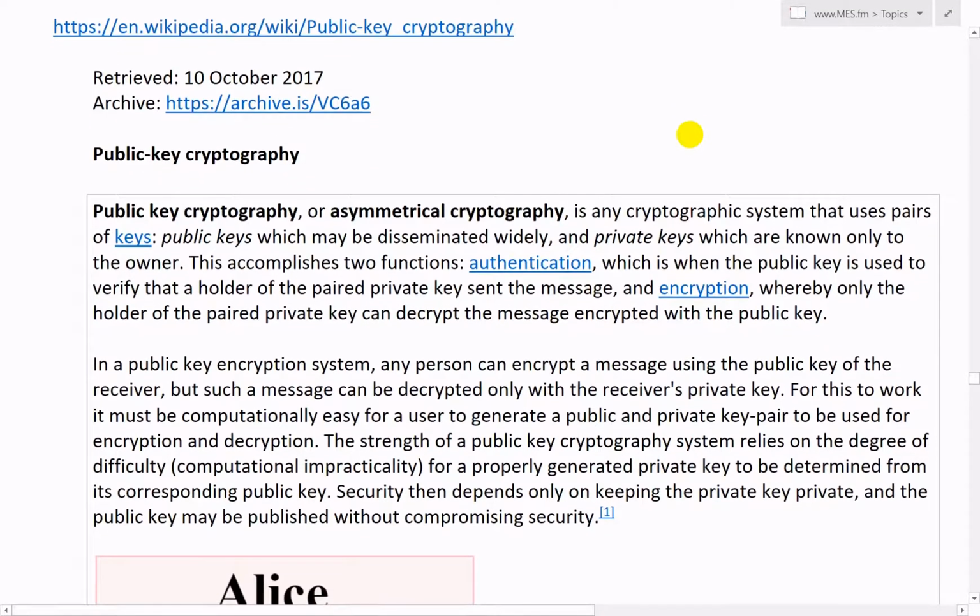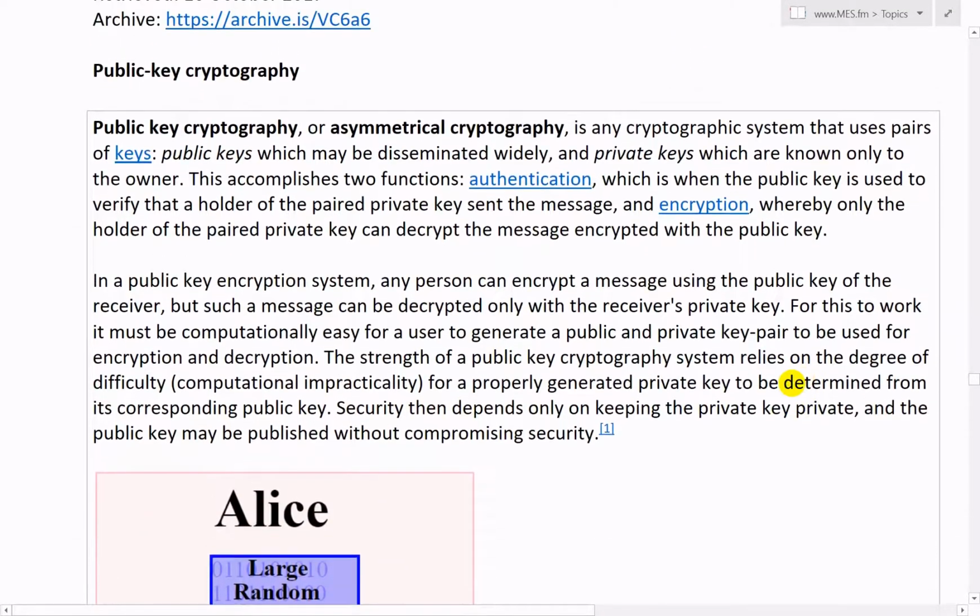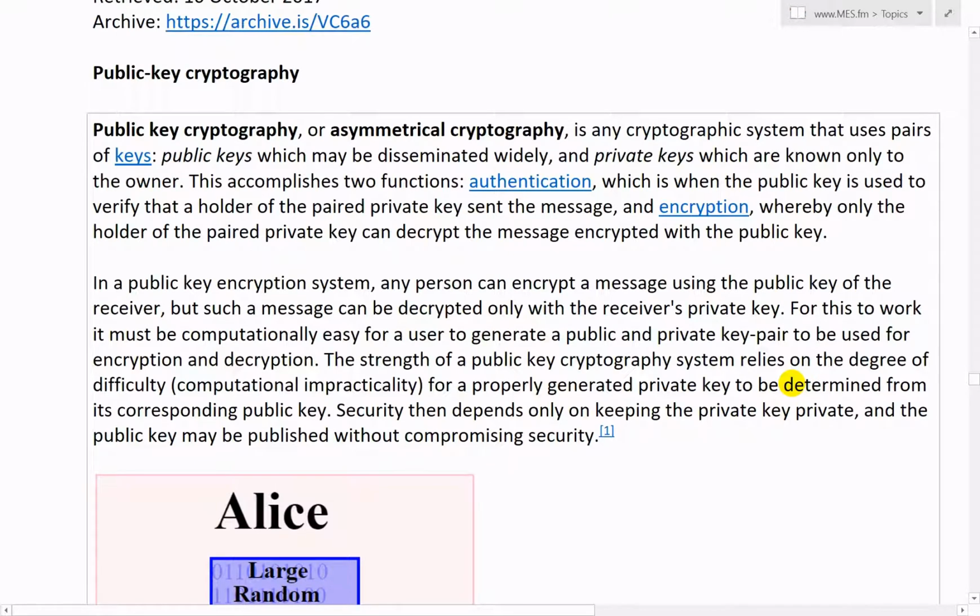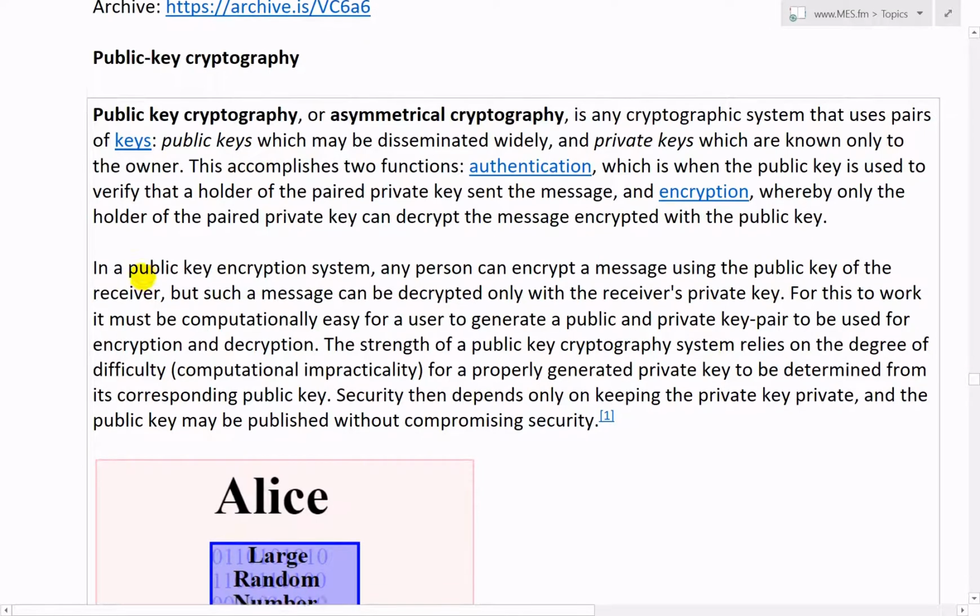And now let's look further into public key cryptography, just a bit further. Public key cryptography, or asymmetric cryptography, is any cryptographic system that uses pairs of keys: public keys, which may be disseminated widely, and private keys, which are only known to the owner.